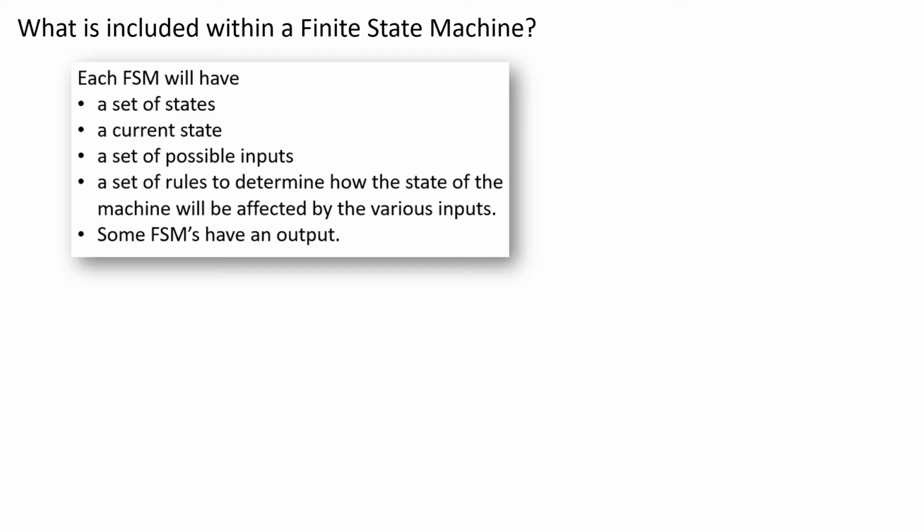Now, some FSMs have an output, but not all of them do. So we'll see an example where we do have some output, but at first we're going to just start talking about a finite state machine that doesn't have an output. It just has a set of states, a current state, a set of possible inputs, and then a set of rules to determine how the state of the machine will be affected by the various inputs.